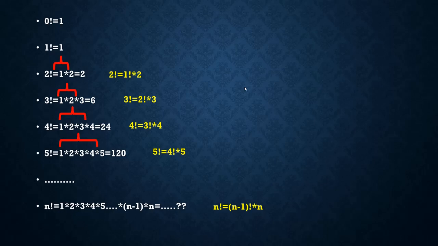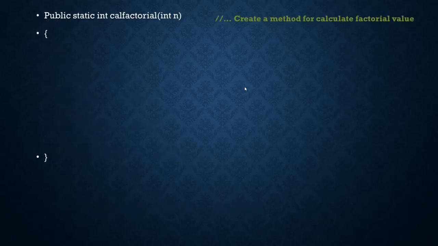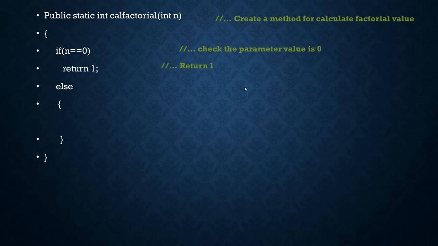Now, a simple method, same as the previous one. My method name is calculateFactorial, and my return value is integer. First I check if the parameter value is 0. If so, I return 1. If not, what is my factorial value?